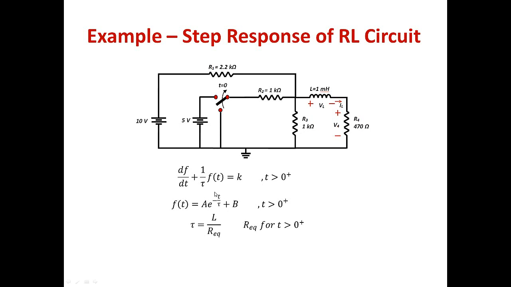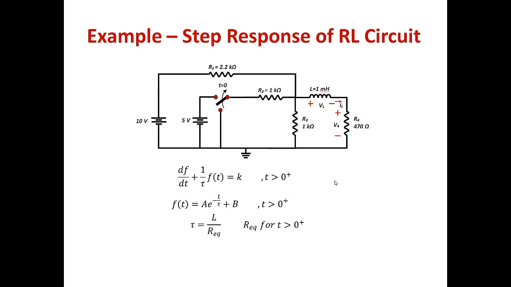We know that this term here is the transient response caused by switching, while B is basically a DC value that is triggered by the forcing function K. Basically those voltage sources after a long time will cause the response to be B.